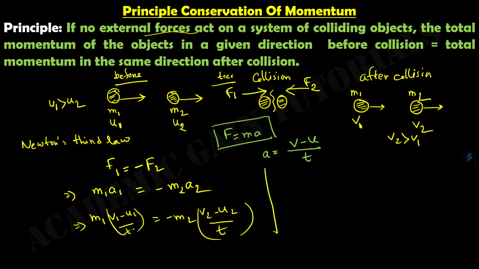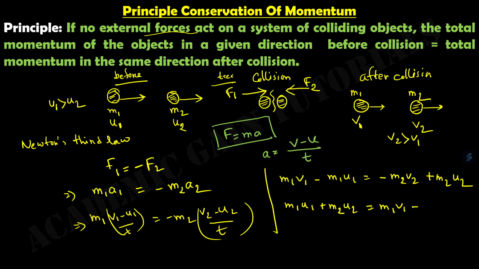If we solve this equation, if we cancel t from both sides, then we will have m1 v1 minus m1 u1 equals minus of m2 v2 minus m2 u2. If we rearrange this whole equation, we'll have m1 u1 plus m2 u2 equals m1 v1 plus m2 v2.